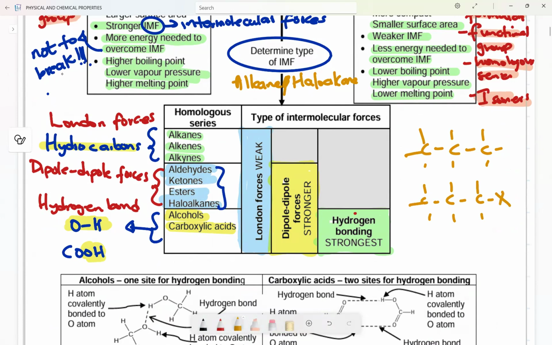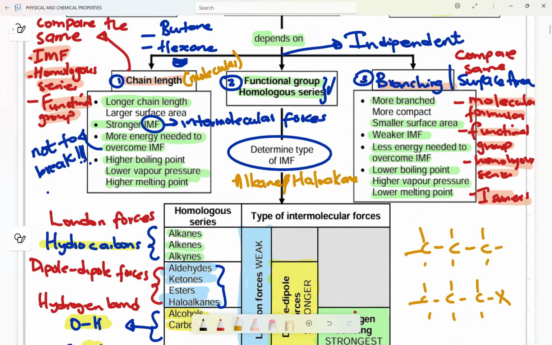This is what we refer to when we say they should be of comparable molecular mass or size. They should have the same chain length. Remember, chain length is kept constant. Can you see there are no branches? So the branching is constant.